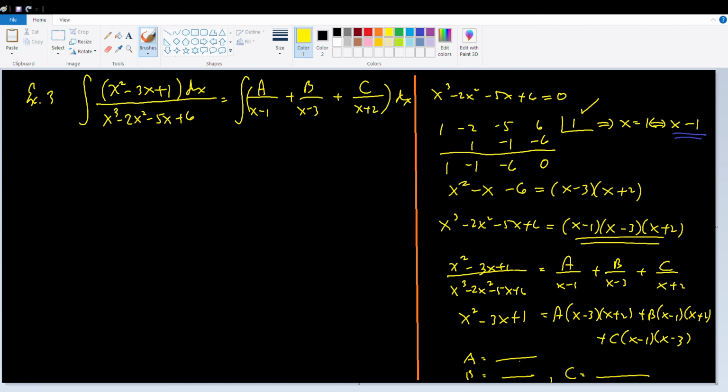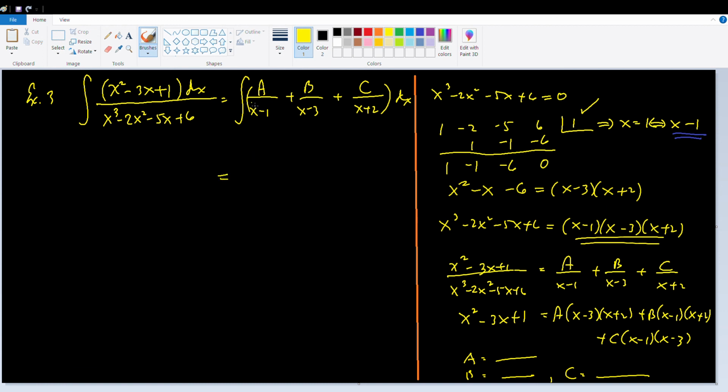So that is a job for you. You calculate the values of a, b, and c. Once you have calculated, you just plug in those values to a, b, and c here. Then you integrate.